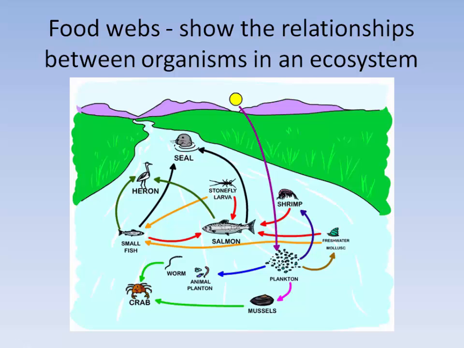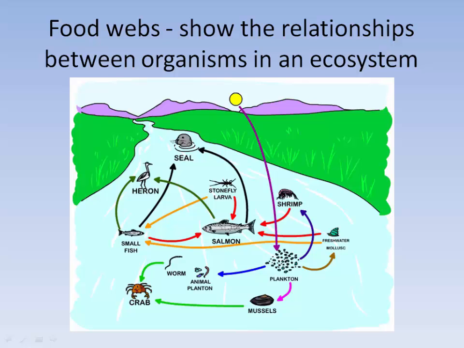Then the plankton are eaten by the shrimp, and you notice the arrow points from the plankton to the shrimp. And freshwater mollusks or snails eat the plankton, so there's an arrow pointing to them. And then animal plankton, which are little microscopic animals that eat the plant plankton, there's an arrow pointing to them. And we can follow the flow of energy through this entire food web just by following the arrows.